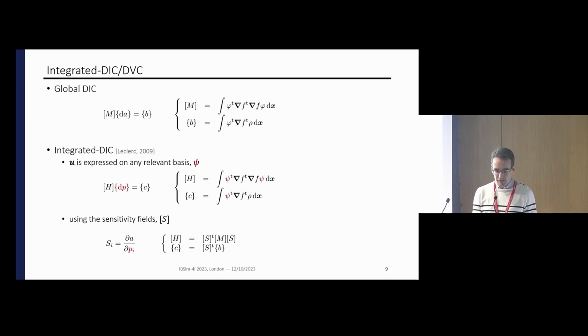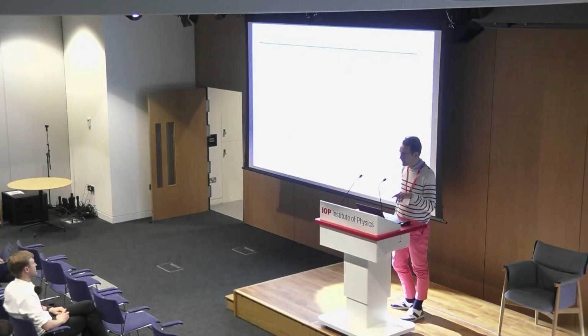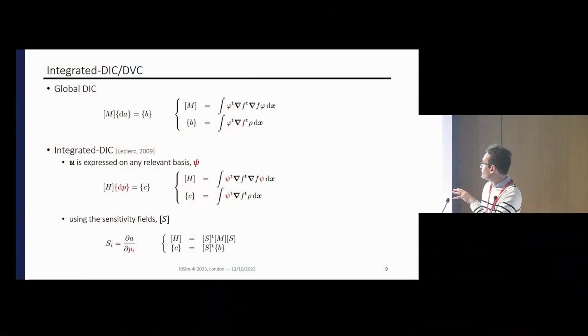So we will minimize this equation, but we can express the Hessian matrix H, with respect to the one of the classical global DIC, using what we call the sensitivity field, S, which is just the variation of the displacement field induced by a variation of the parameter.